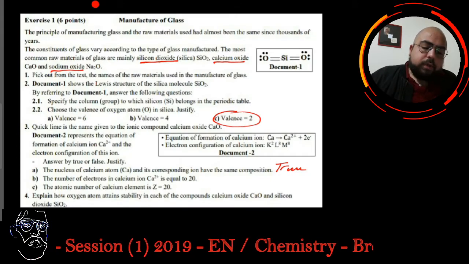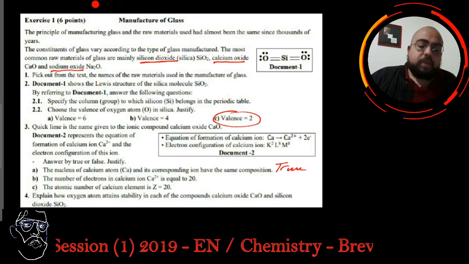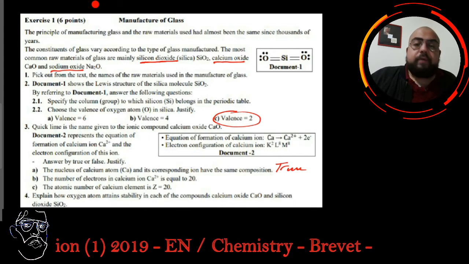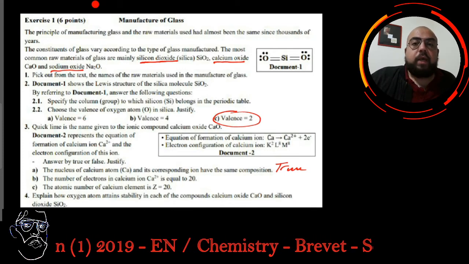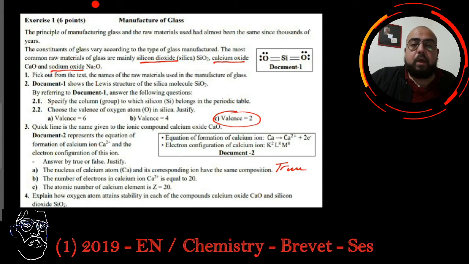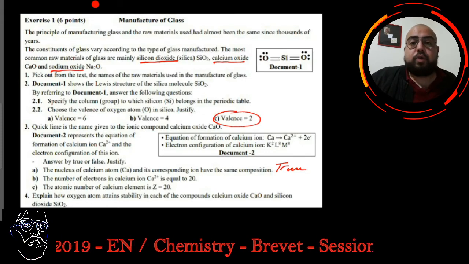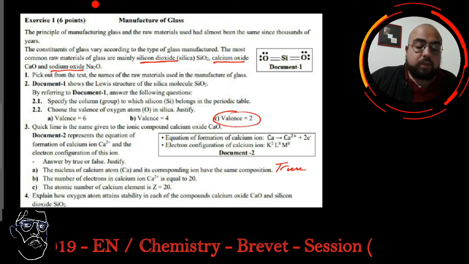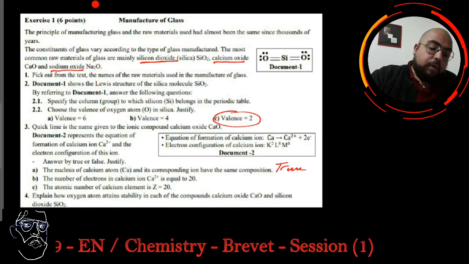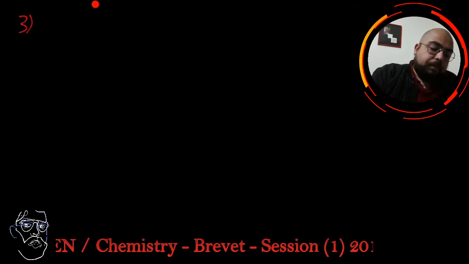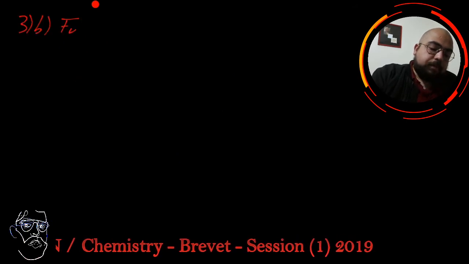Now the number of electrons in calcium Ca2+ is equal to 20. Ca2+, you already have the electron configuration, which is K2L2M8. So if you calculate 2 plus 8, it will be 18, which is different than 20. So in this case, you have to say that this is false. So this is 3b, which is false.